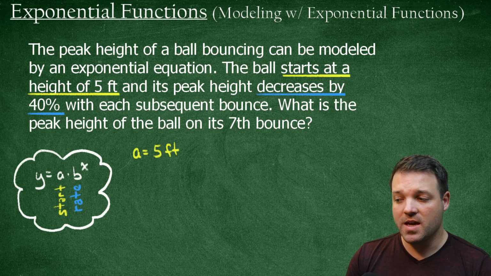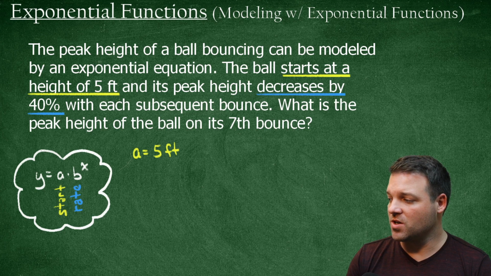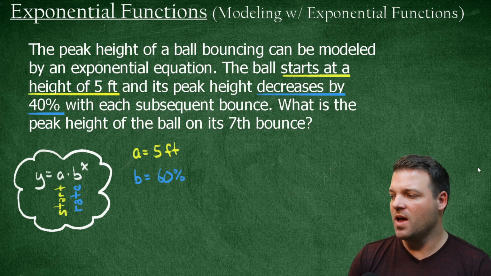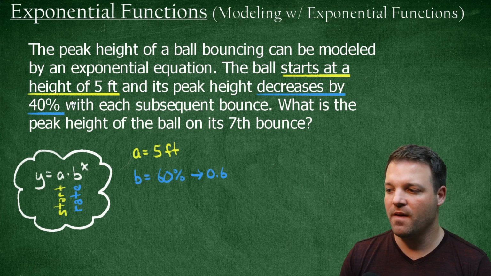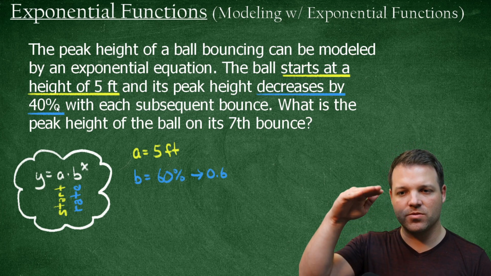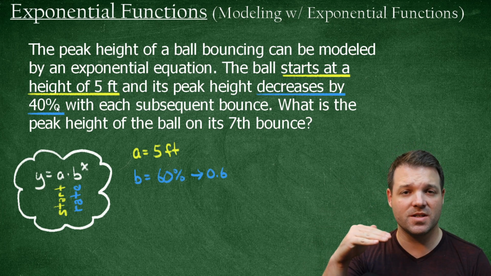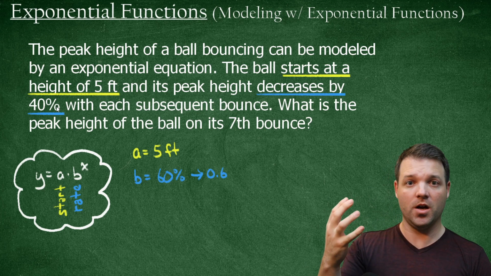Now, a is going to be that 5 feet. That's our initial starting value at time 0 in this case. And b is going to be 60%. Now, how did we get that 60%? It's saying that it decreases by 40%. If it bounced and it was the same every single time, it would be 100%, right?